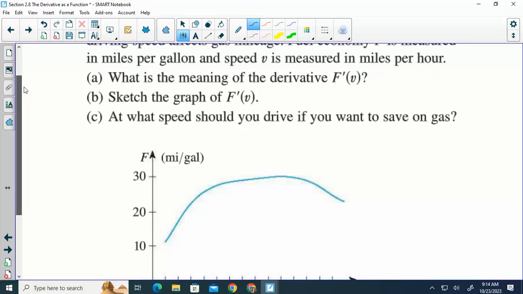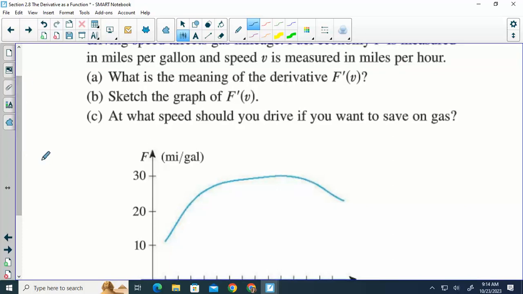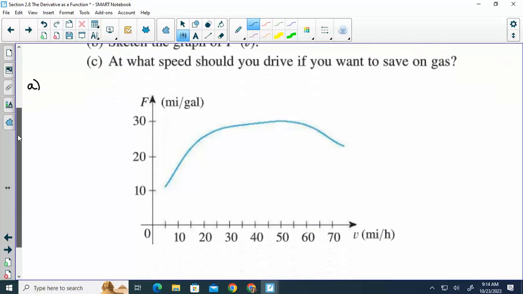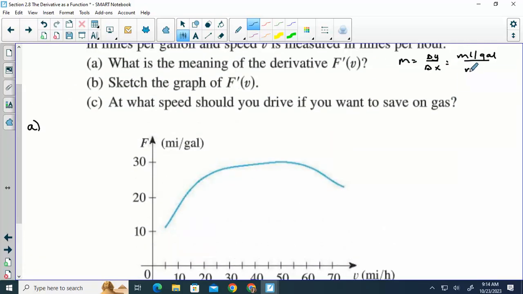What is the meaning of the derivative? So a derivative is a rate of change, right? It's a slope. Think about when you do slope, you do change in y over change in x. My y-axis is miles per gallon. What's my x-axis? Miles per hour.